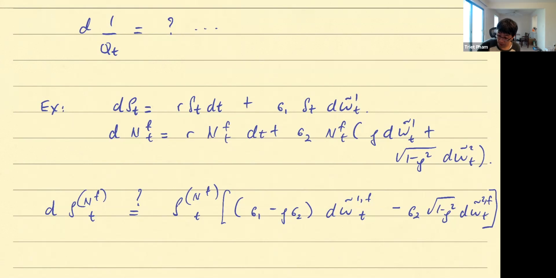How do I get that? Because I get this minus this. And then how do I get the second term? The second term basically is because it's 0. Okay.